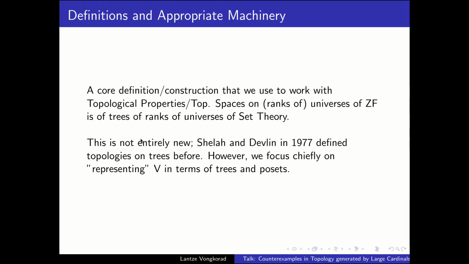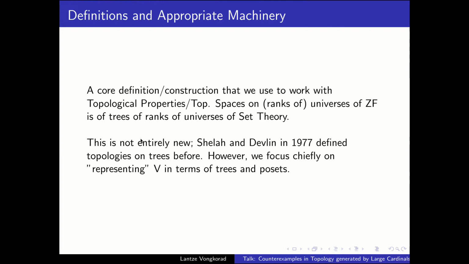And note that this is not entirely new, and by not entirely new, I'm referring to the construction of ad hoc topologies on trees, not necessarily on universes of ZF, like models of ZF.